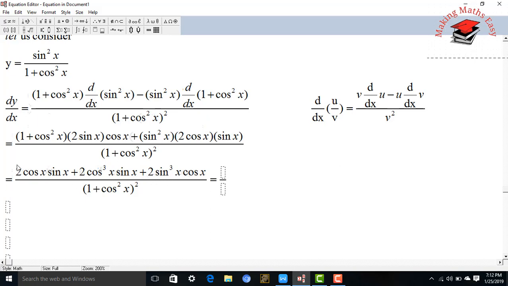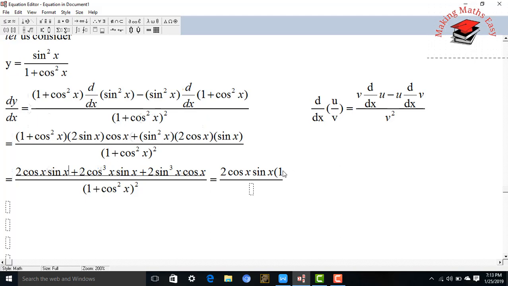In these three terms in the numerator, sin x, cos x and 2 are common. So we take 2 sin x cos x out of the bracket.